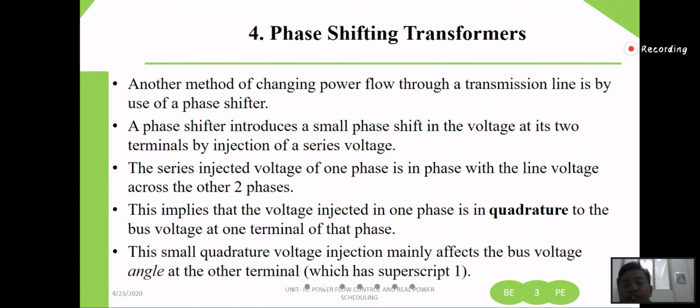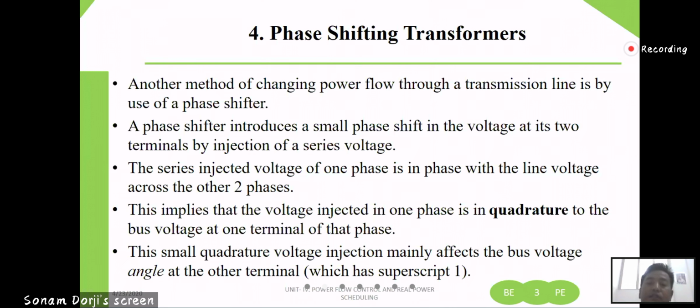But in power system operation and control, we will use this device to control or change the power flow. So today we will see how the phase shifting transformer will be used to control the power flow in a power system. This is the basic aim of our module.